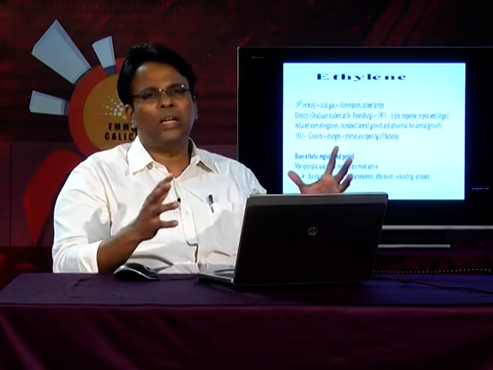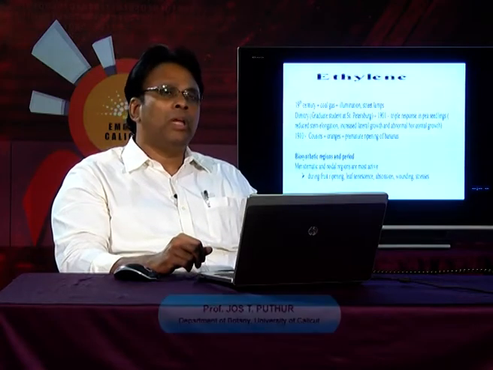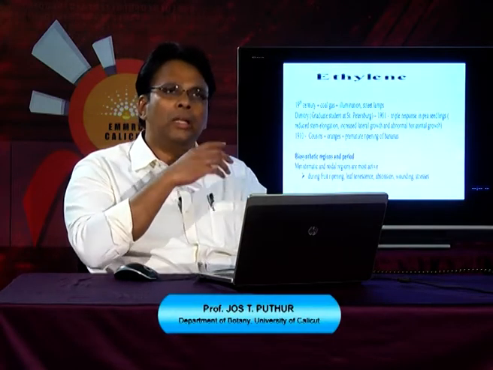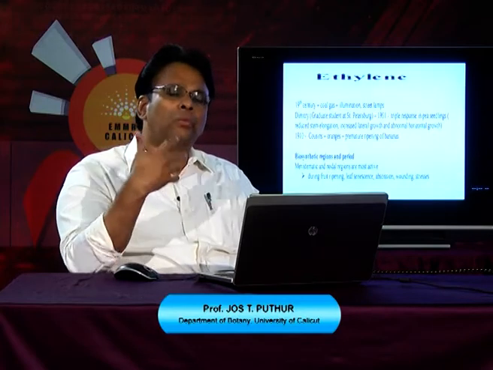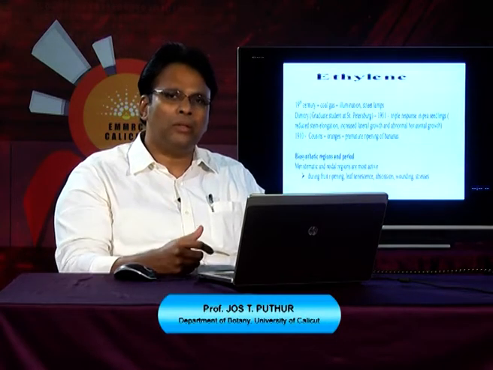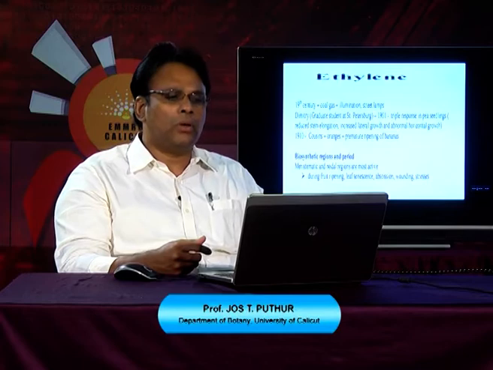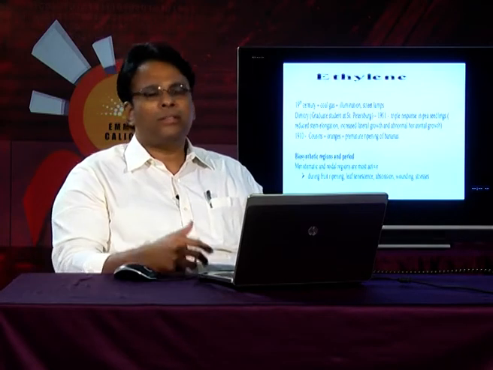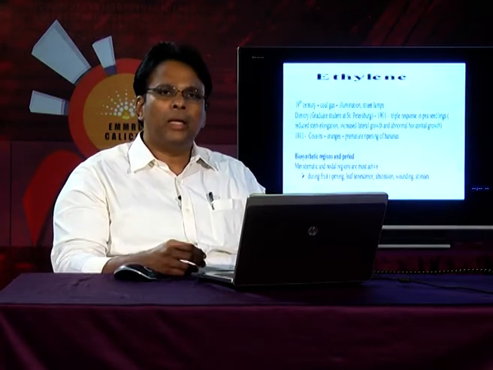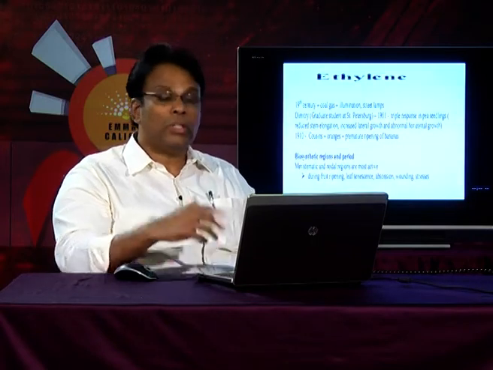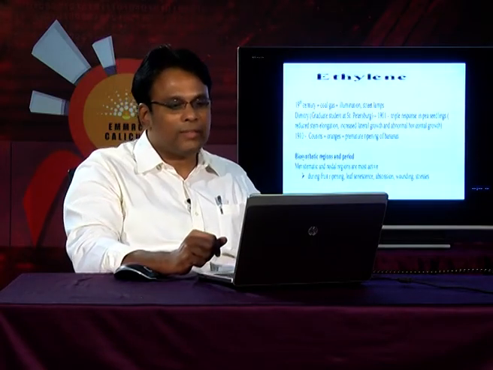These were some of the earlier observations regarding ethylene, and they could not find out which chemical was involved in this process. But later discoveries have made known that ethylene was responsible for bringing about these changes.